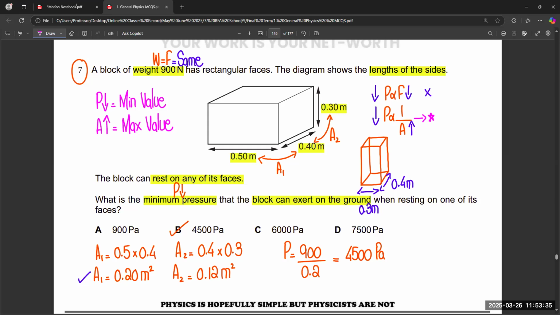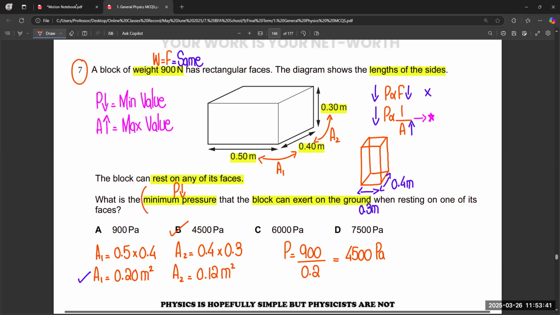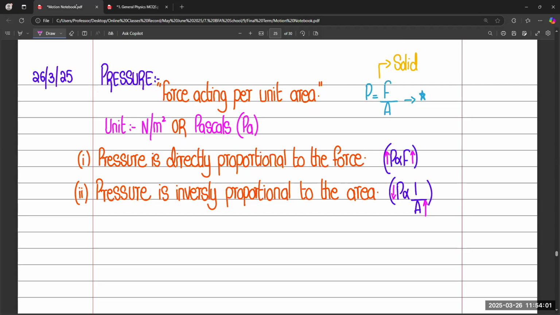Because in this question, they are talking about minimum pressure. So for minimum pressure, there are two options. Either you have to decrease the force, option number one, but force is constant given in the question. So force is not changing. Second option is to decrease the area or increase the area. If we increase the area, the value of pressure decreases because both are inversely proportional.